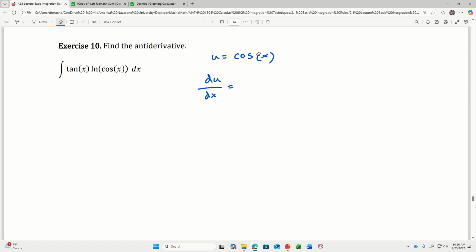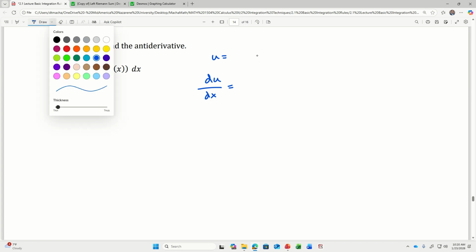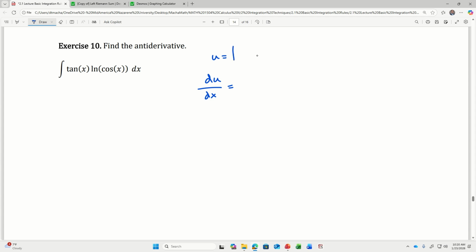Just like Daniel Tiger says, keep trying, you'll get better. All right, here's my next guess. Let's say that u is equal to natural log of cosine x. What's the derivative of this?